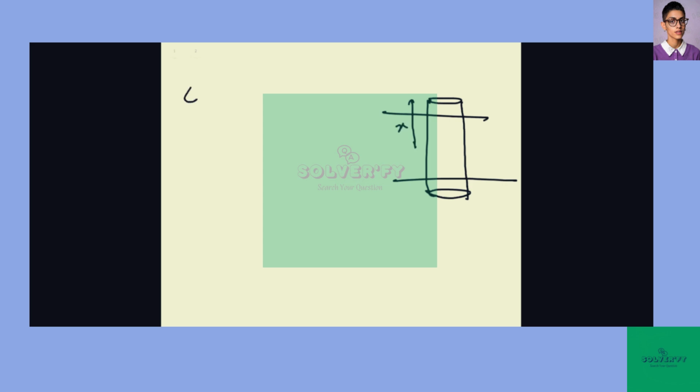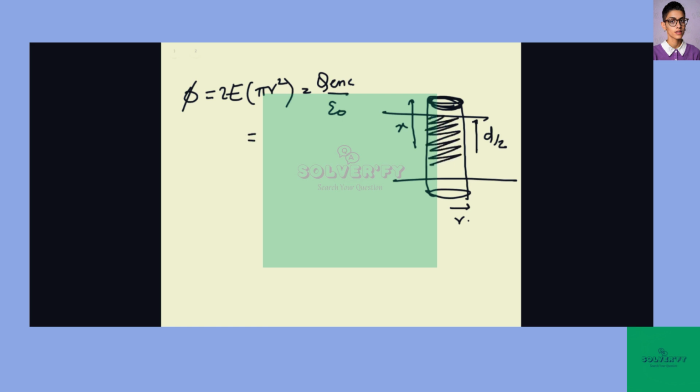So we do the same thing again. We know that the flux is simply 2 times electric field times this area, which is pi r squared. This is d by 2, by the way. Now this is equal to charge enclosed divided by epsilon naught. Now charge enclosed will simply be the charge within this volume.